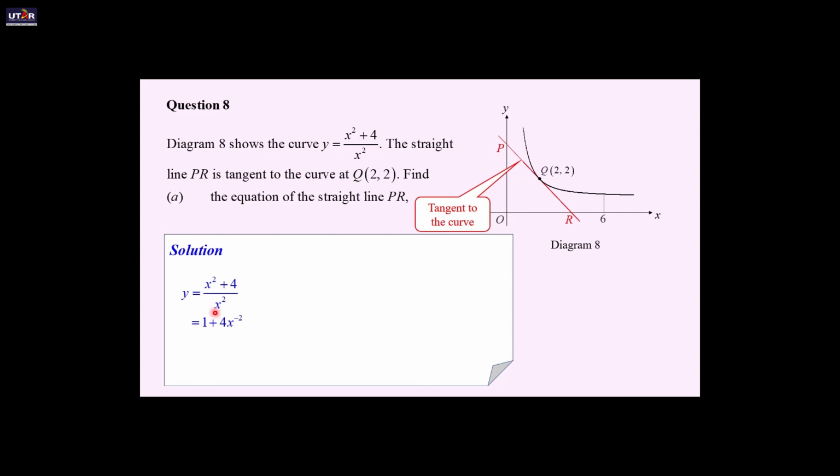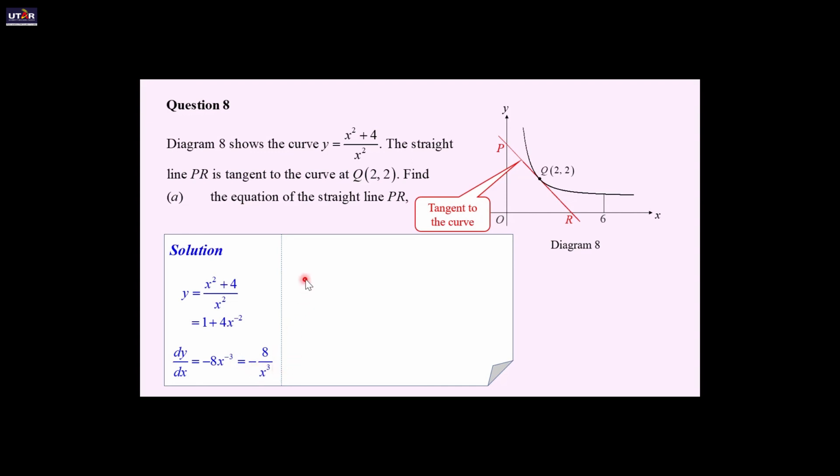We have x squared over x squared equal to 1, and 4 over x squared equal to 4x to the power of negative 2. So dy/dx will equal negative 8x to the power of negative 3. By simplifying it, you can also rewrite it as negative 8 over x cubed.